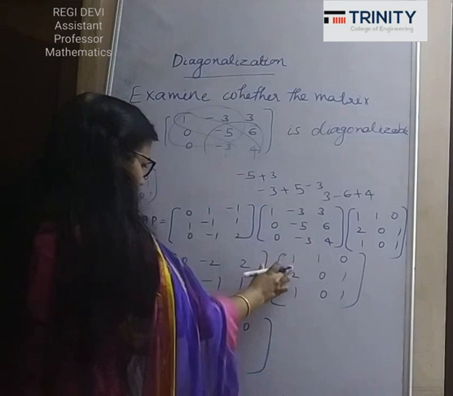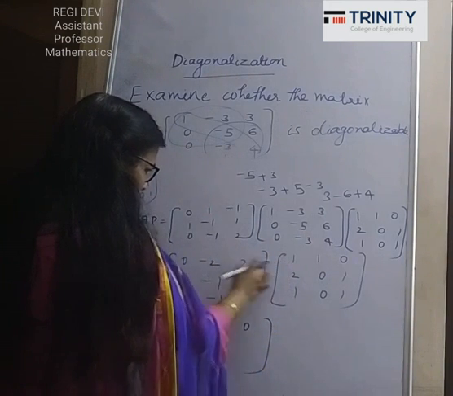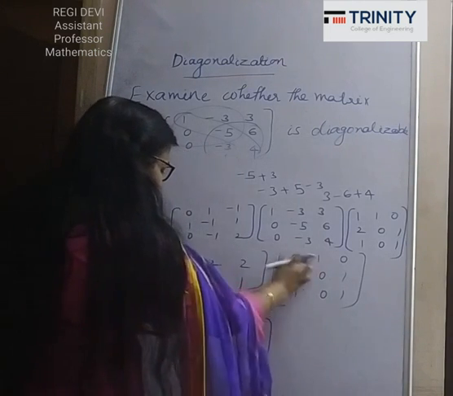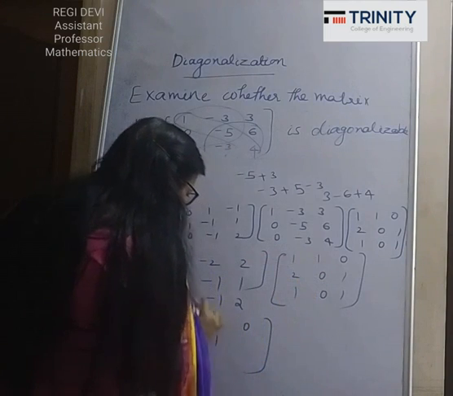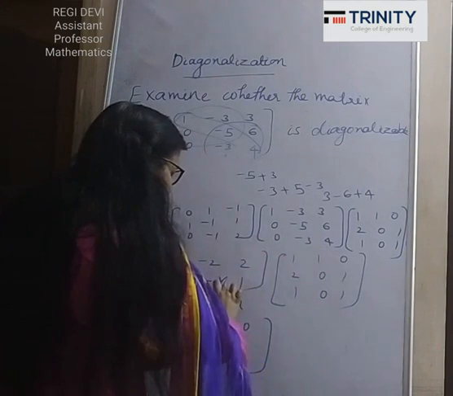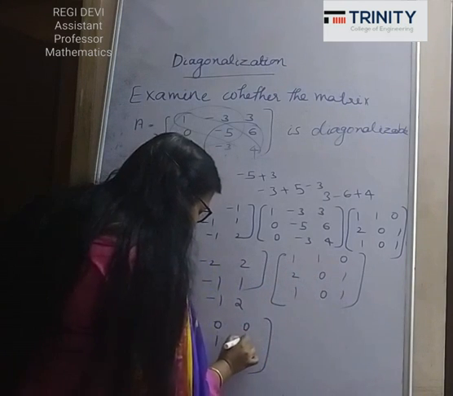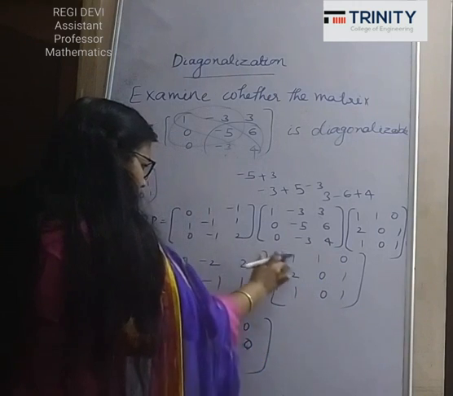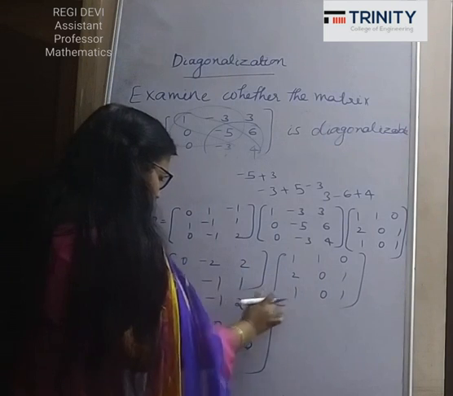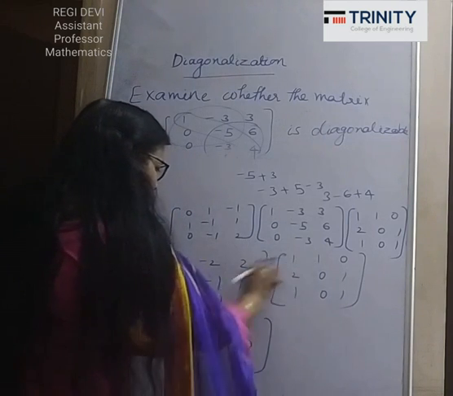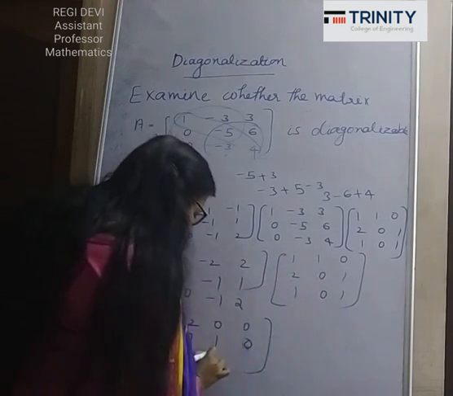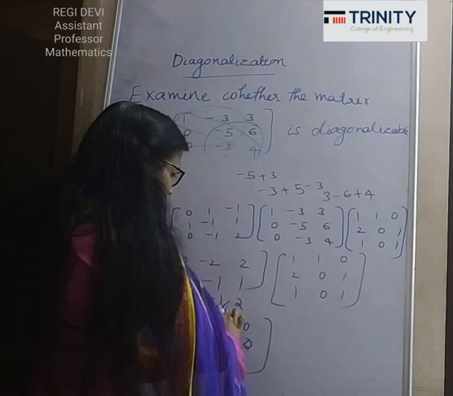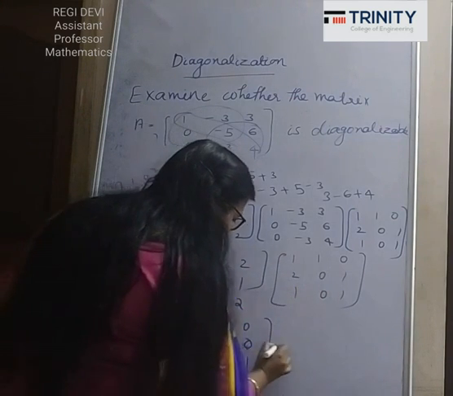Now 1, minus 2 plus 1, which is 0, 1, 0, 0, then 0, minus 1 plus 1, 0, then 0, minus 2 plus 2, 0, 0, 0, 0, then 0, minus 1 plus 2, which is 1.